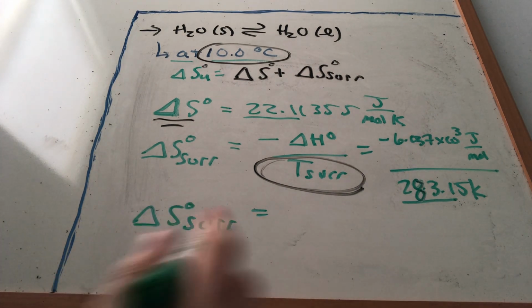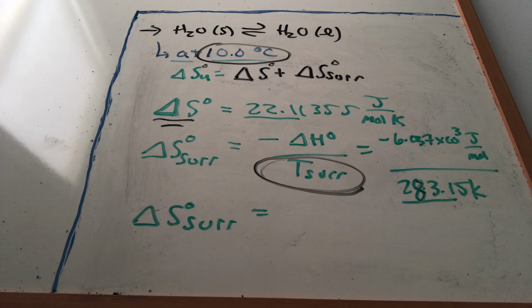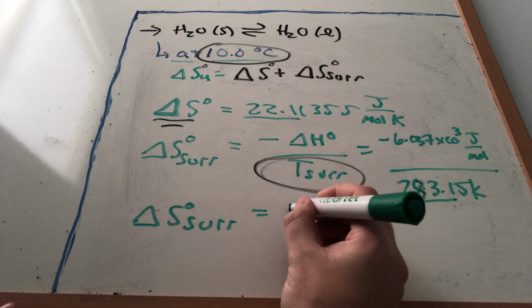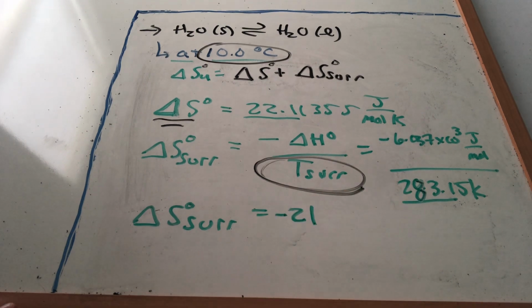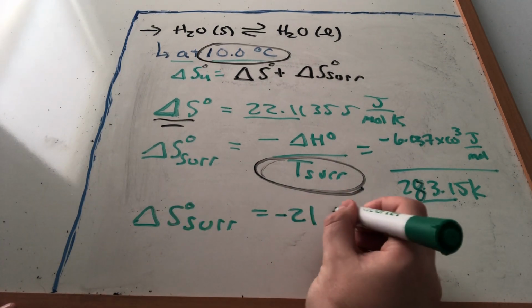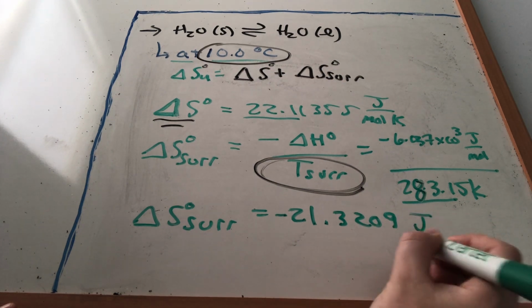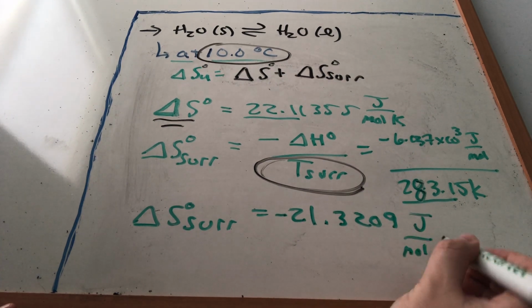When I do delta S naught for the surroundings now, the number is negative 21.3209 joules per mole Kelvin.